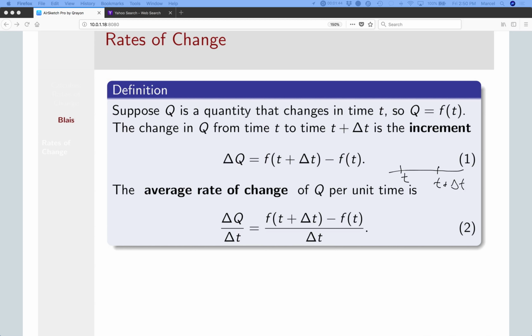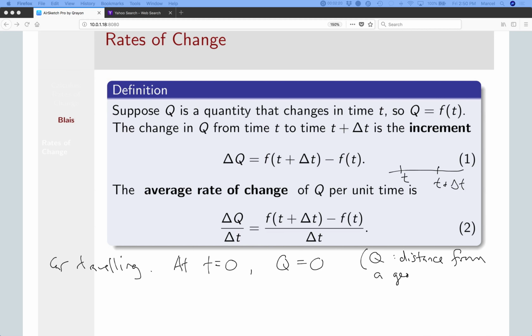But just as an idea, suppose you have an example where you have a car traveling, and say Q is the distance from a geographic landmark.